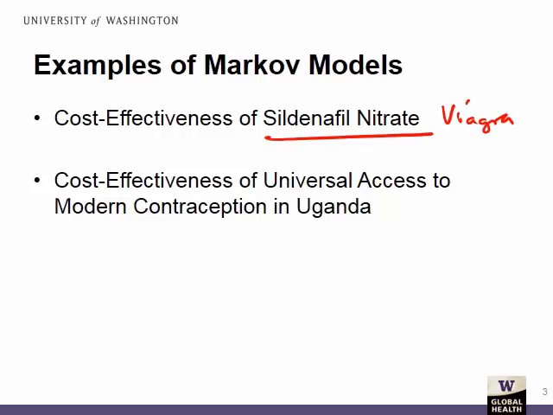And the other one is one of my own studies, which is the cost effectiveness of universal access to modern contraception in Uganda, which was a policy analytic model using Markov modeling methods.